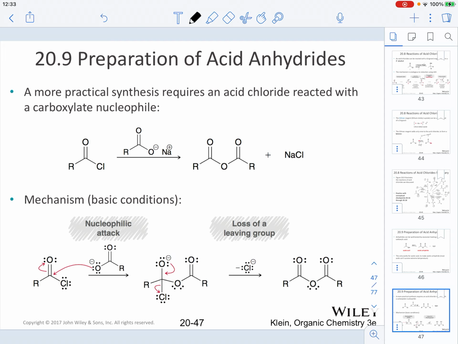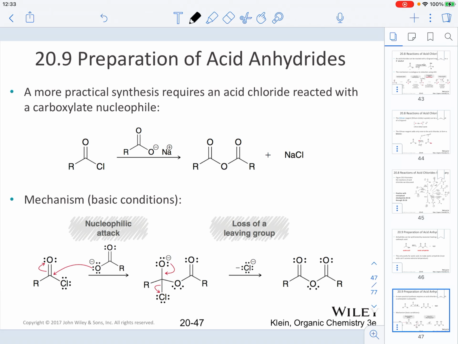When it comes to the mechanism for this reaction, this is essentially under basic conditions. In the first step of the reaction, the negatively charged oxygen in our carboxylate anion is going to attack the carbon in the C double bond O of our acid chloride, and the electrons go up to the oxygen.